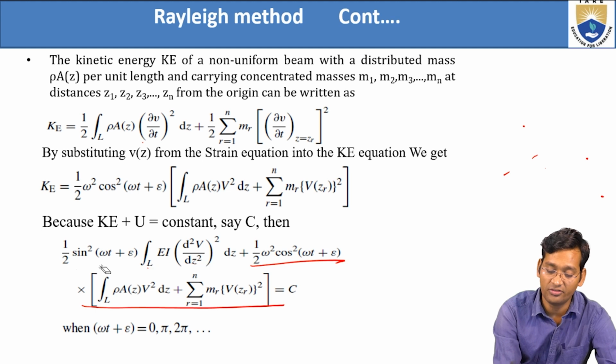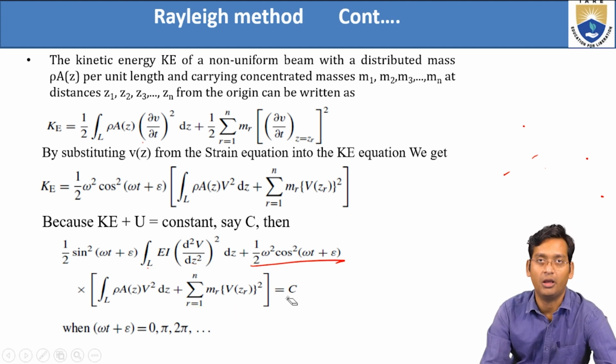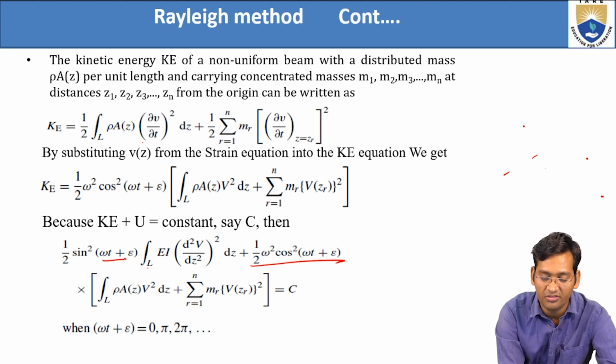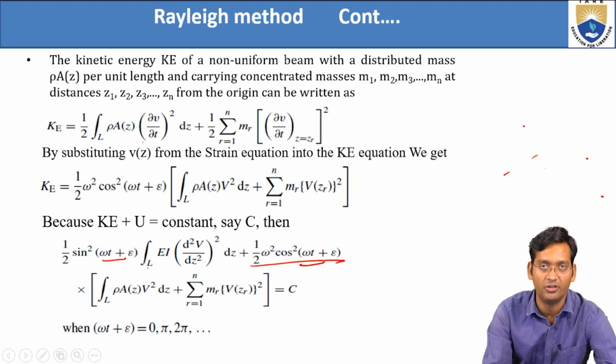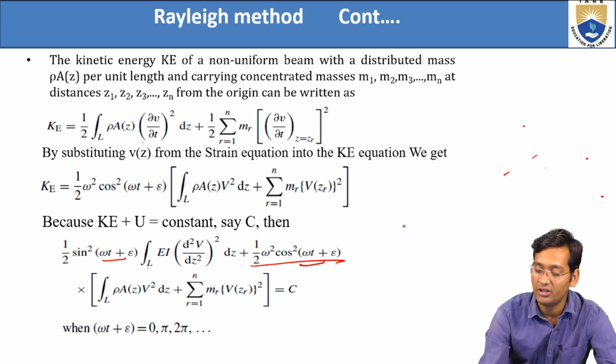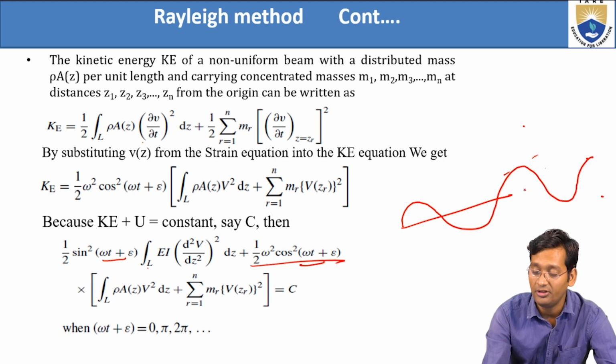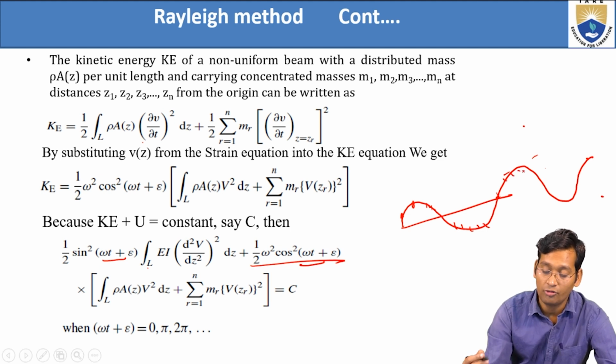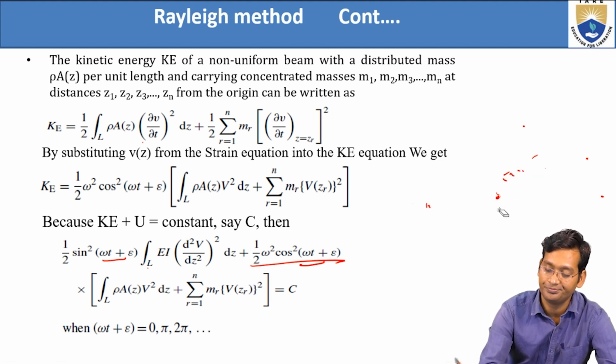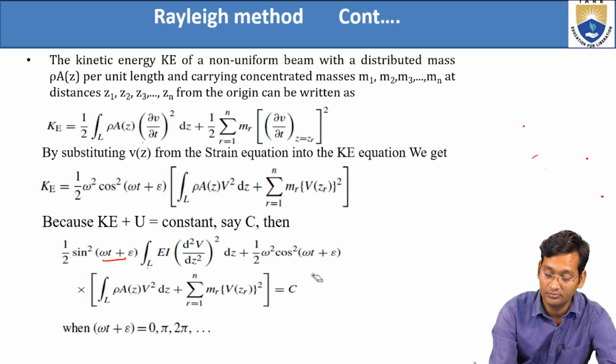So in that case, now we will see the particular case of what happens, because here just the ωt + ε is there and ωt + ε is there. It's sinusoidal, so whatever the vibration will be there, like this one, right? So it depends on, at this point it will be different, at this point it will be maximum, then again it will start decreasing, then again it will go negative, then after this it will be 0, positive, right? So how will we get that one? So just see here, right?